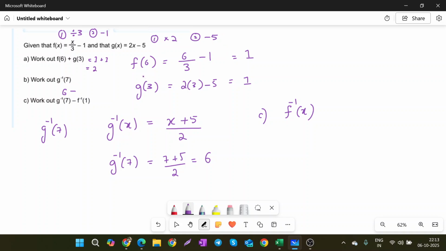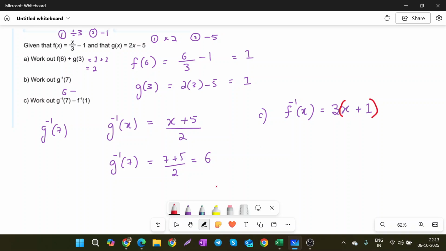So if I go in the reverse order, trying to undo the process, if I start with an x, first I undo the minus 1 with a plus 1, and then undo the division by 3. Now this is where most people get it wrong. They would just write a 3 there thinking it is a multiplication by 3, but you need to remember you are multiplying the entire thing.